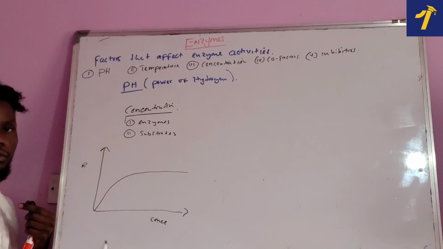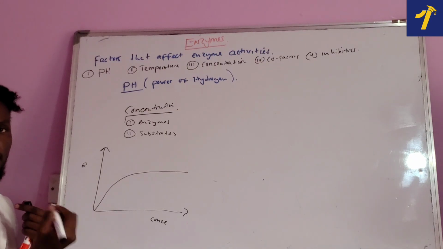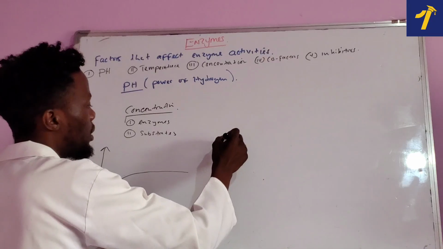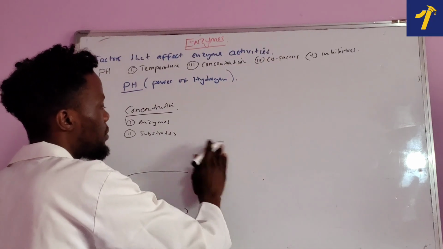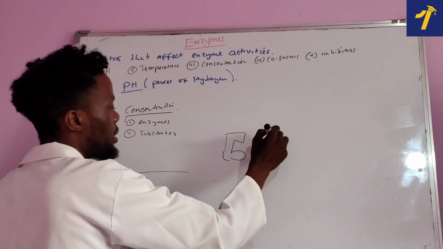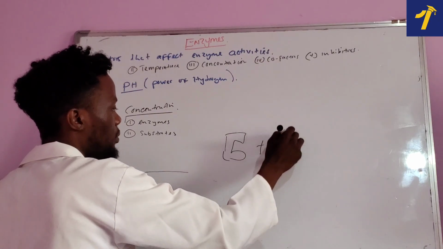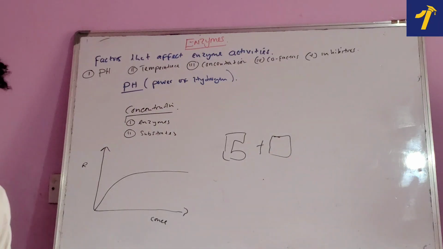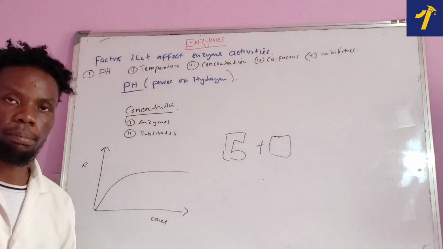Again, maybe if you are confused with what I mean by substrate, so substrate and enzymes. If this is an enzyme and this is a substrate, remember that a substrate is a substance that enzymes are going to act upon.